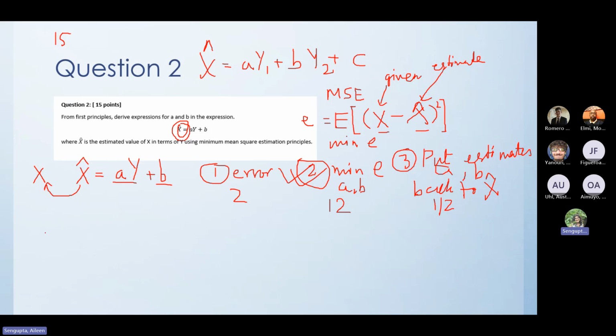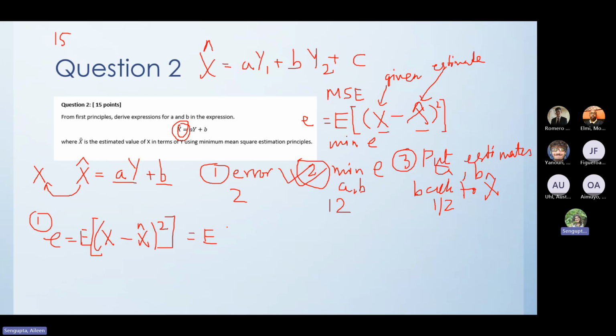Anyway, the first part is to write the expression of error. So that's step 1. The error is x minus x hat, whatever that x hat is, and you take the expected value of that. But then you have to square it, because it's mean squared error. So what does that expression look like for our case?